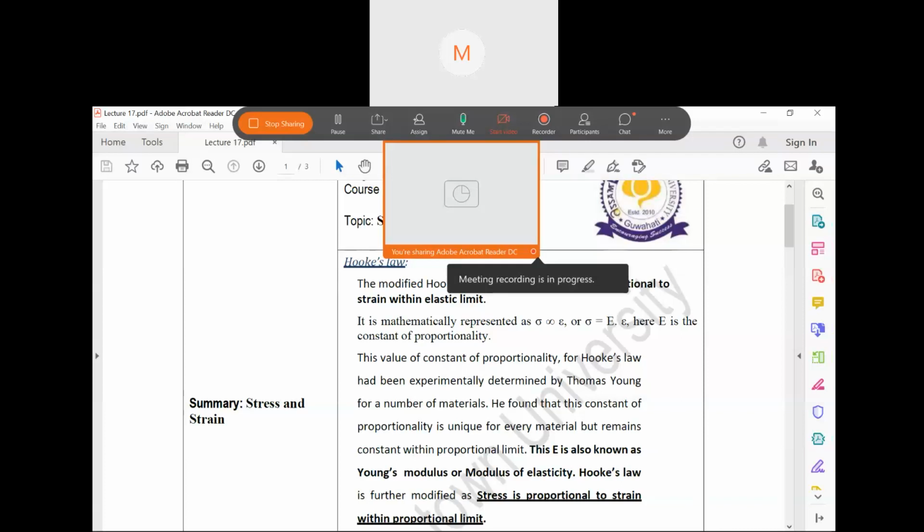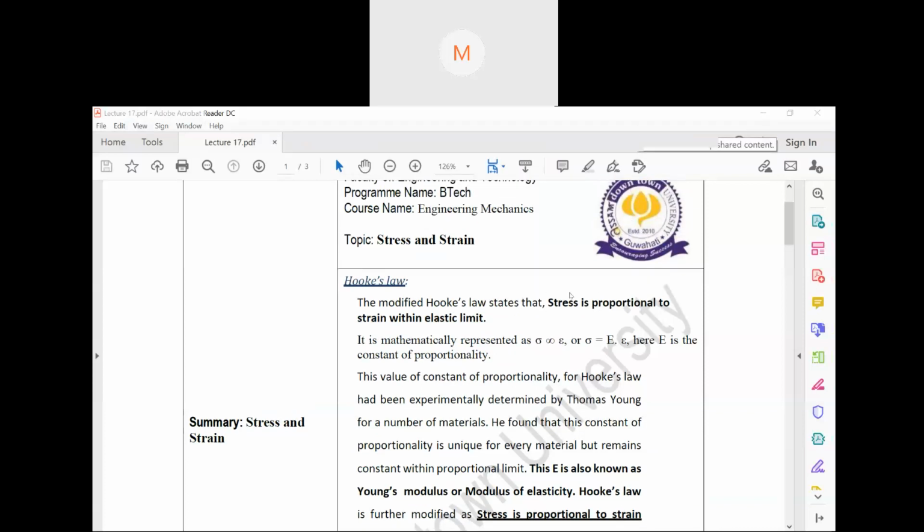Okay, Hooke's law states that stress is directly proportional to strain. Now, the stress is denoted by sigma, and strain by epsilon.